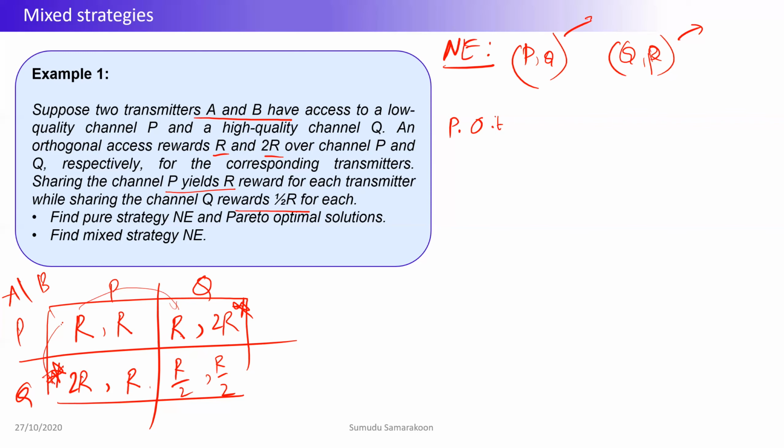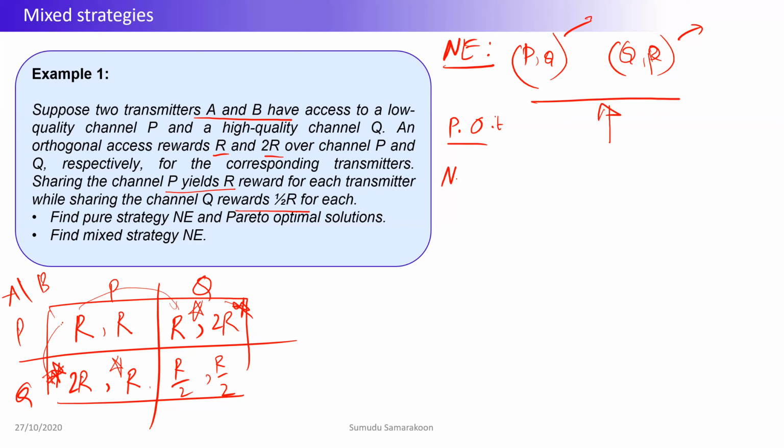And if you consider here, changing doesn't improve things for A, changing doesn't improve things for B. So they are going to stick in here. Same goes here. So these are Pareto efficient. How about this one? Yes, changing improves things for others, so he's not going to stay here. So similarly, these two are Pareto optimal as well.